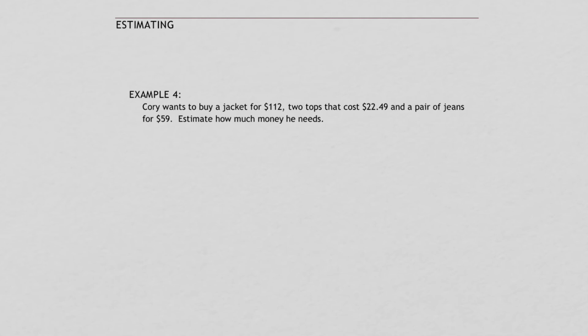Estimating will greatly depend on the problem and what it asks you to do. But in this case, it says Corey wants to buy a jacket for $112, two tops that cost $22.49, and a pair of jeans for $59.